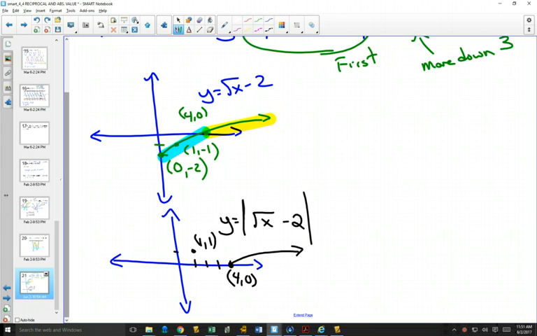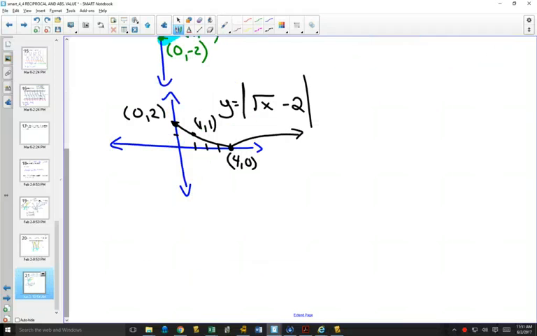Instead of 0, negative 2, we're going to have 0, positive 2, and that would flip this part up. So our graph is looking pretty weird right now.